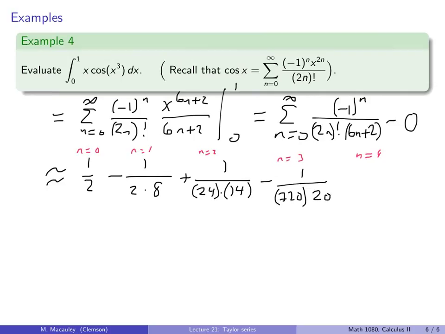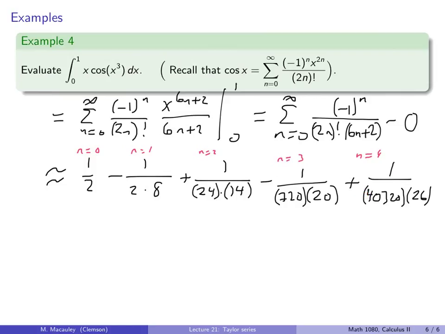And then the last term, n equals 4, is 1 over 8 factorial. Let me type into my computer what that is. Okay, that's 40320 times, 6 times 4 is 24 plus 2 is 26. And you can see this number is getting small really quickly.